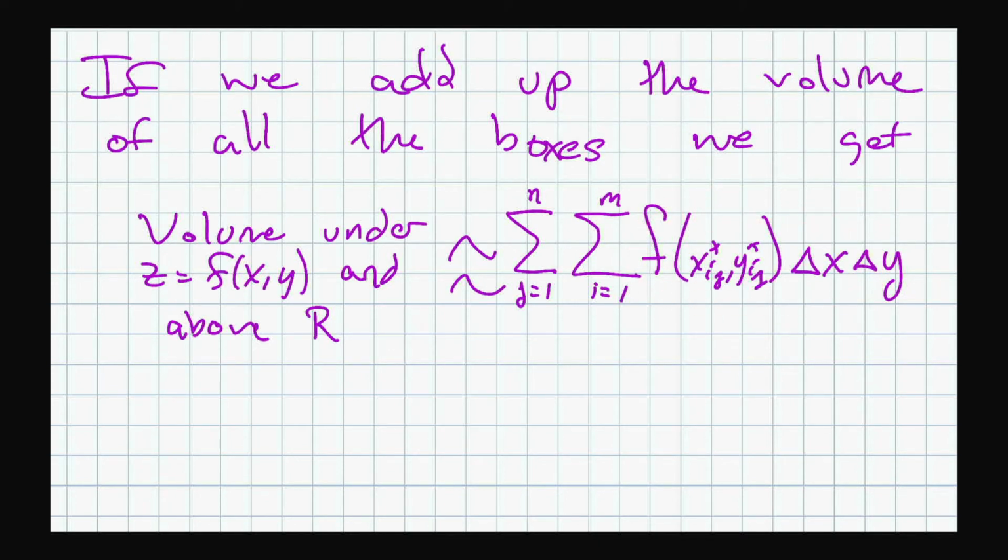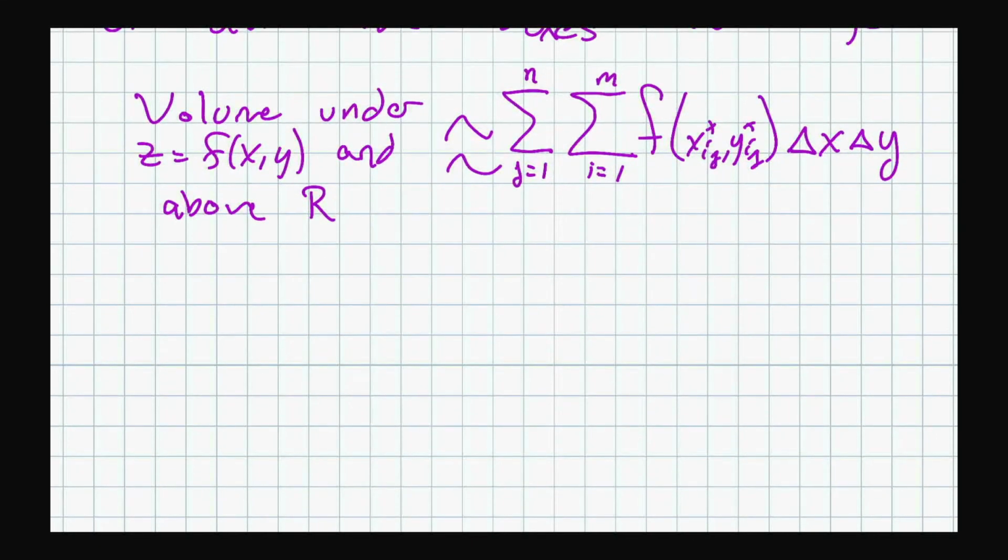Okay. Now, just like before, we're just going to say, by magic, because I'm not going to prove it, let's just suppose that we let the limit of m and n go to infinity for both of them. So we let m go to infinity and n go to infinity.